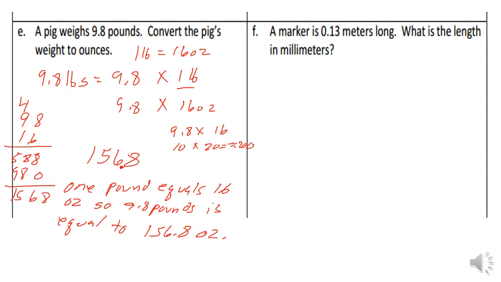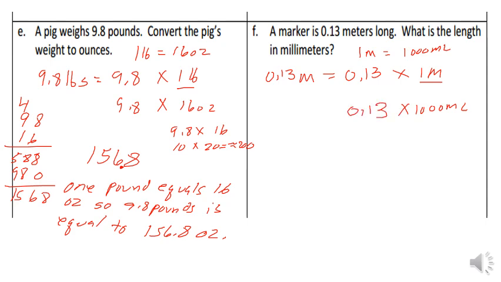Okay, our last problem. A marker is 0.13 meters long. What is the length in millimeters? Well, 1 meter equals 1,000 millimeters. So 0.13 meters equals 0.13 times 1 meter. Now we're going to replace that 1 meter with its equal measurement in millimeters times 0.13.